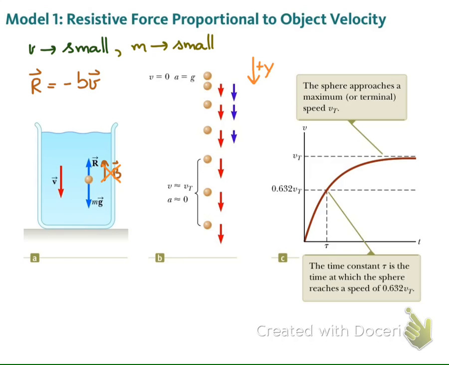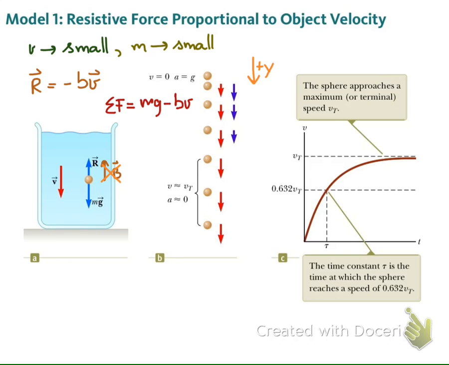The net force, if we write down the magnitude of the net force, F, is equal to mg minus bv. v is the speed of the object.